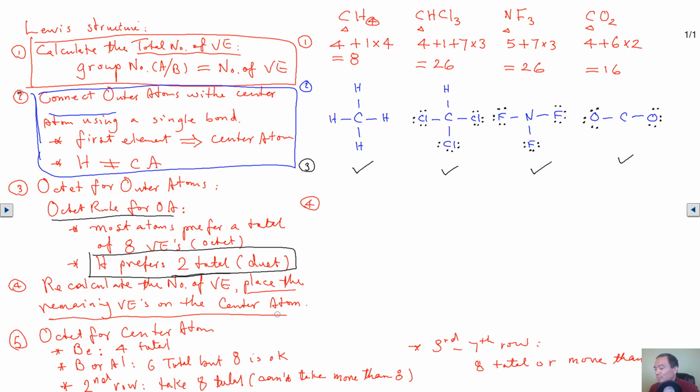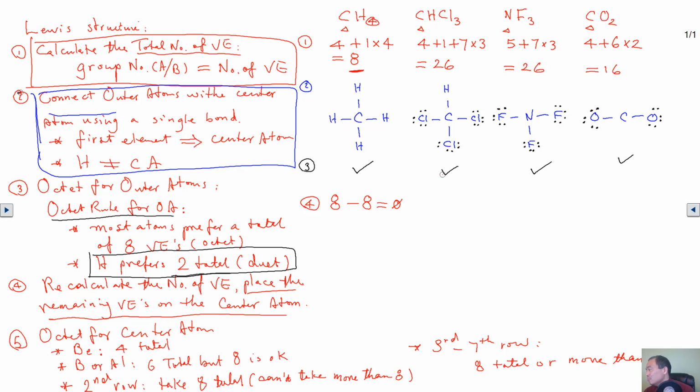So we place all of them on the center atom. We started with the 8 electrons over here. How many have we used to build the bonds? You have 4 single bonds over here. So 4 single bonds would have 8 electrons. Have we used any dots here? No. So we end up with no electrons left.